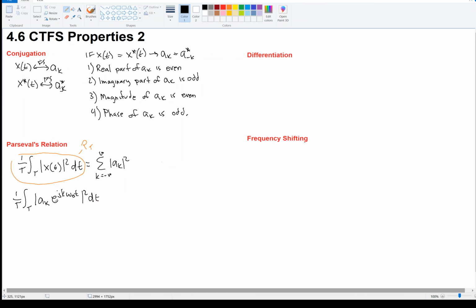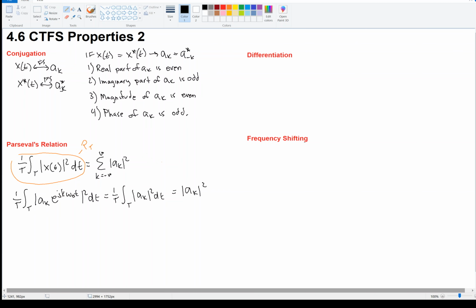Right? And the magnitude of this kth harmonic component is exactly the magnitude of ak, because the phasor itself has a magnitude of just 1. So this can be written like this. Okay, and because ak does not depend on time, it can come out of the integral, and then when I integrate over an interval of T and I divide it by T, that cancels, and I'm left with this.